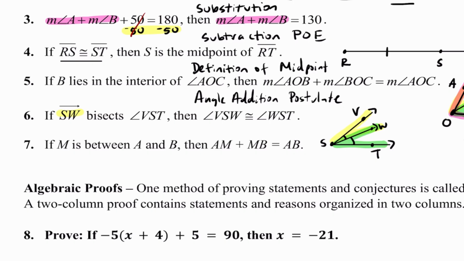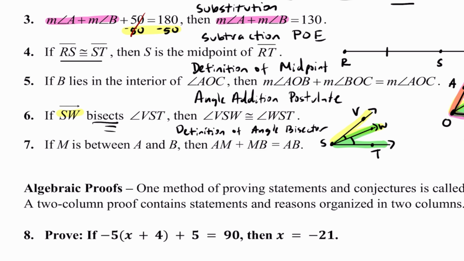So if ray SW bisects angle VST, then by the definition of angle bisector, we can say that angle VSW is congruent to angle WST. Again, by the definition of angle bisector.